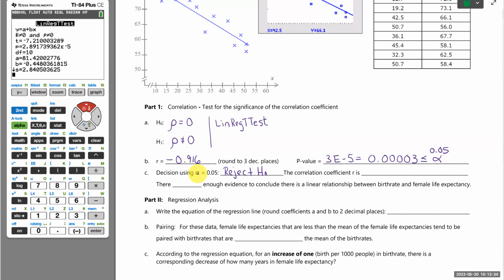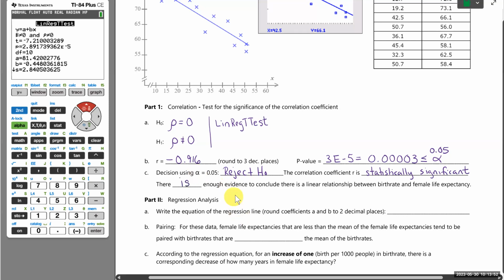And so we say that that correlation coefficient from the sample is statistically significant. So we've got ourselves good evidence, strong evidence that there is enough evidence to conclude a linear relationship between birth rate and female life expectancy.